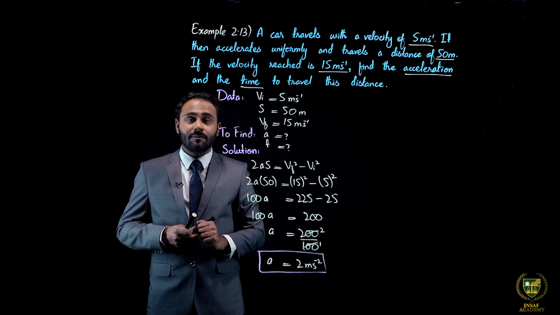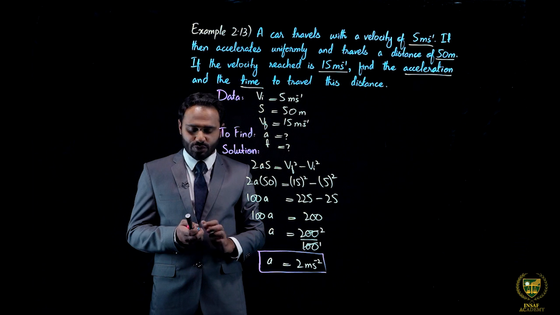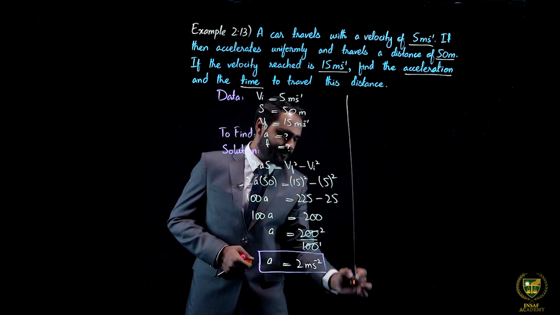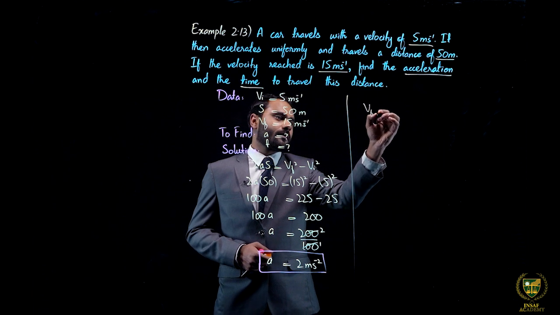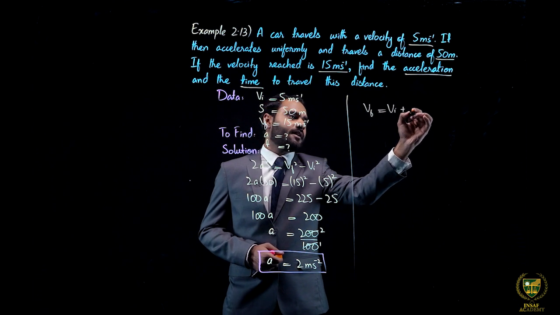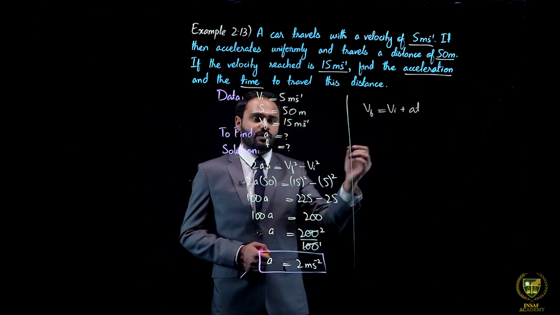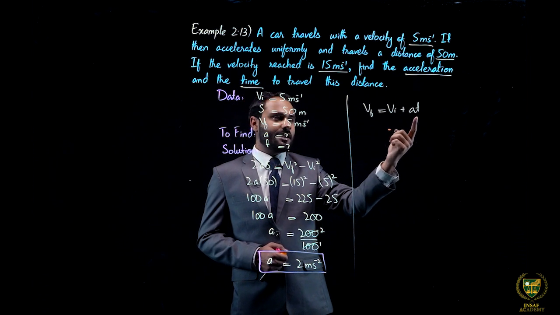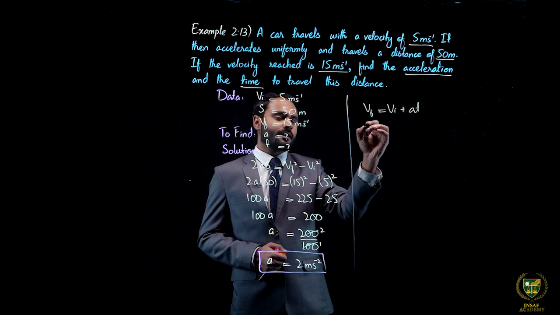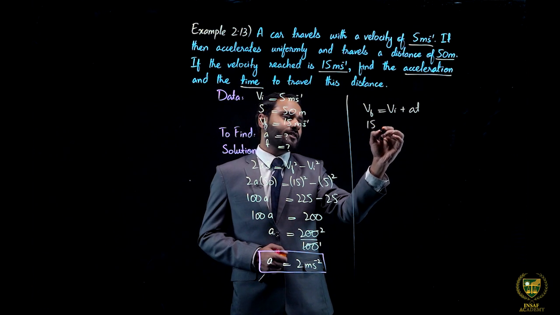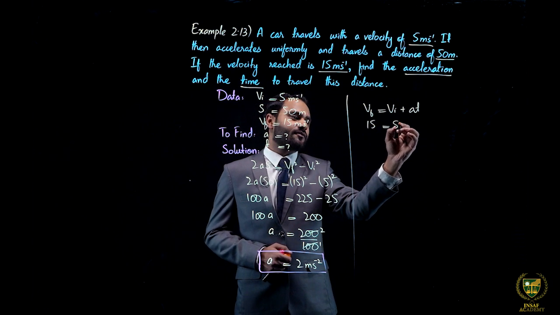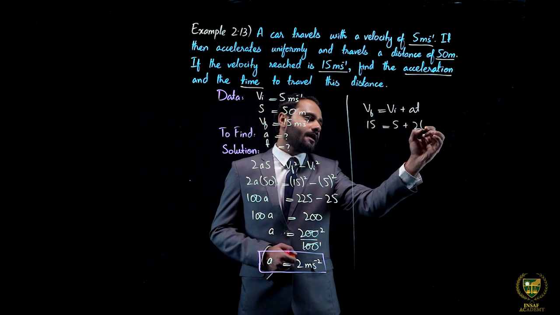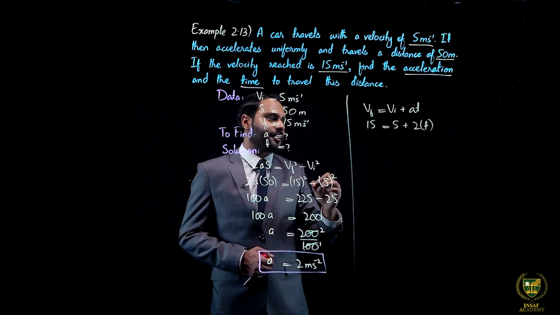Now to find time t, we use the first equation of motion, which is Vf is equal to Vi plus at. Now just put the values in it. As we have to find time t, Vf is 15, Vi is 5 plus acceleration, which is 2, and time, which we have to calculate.